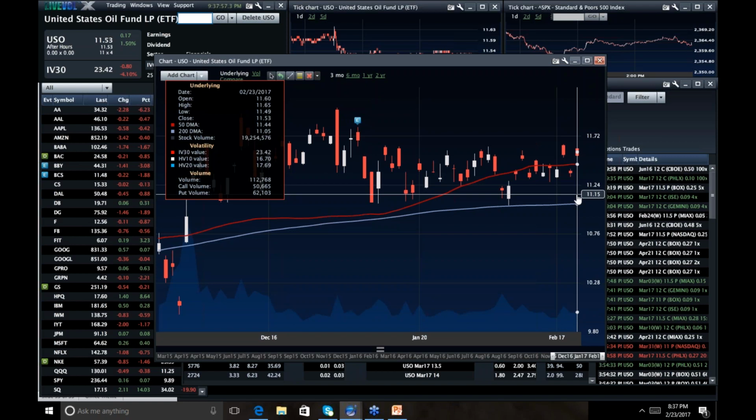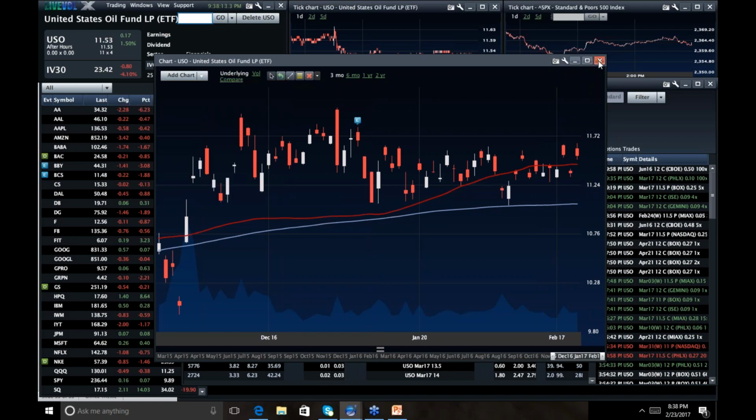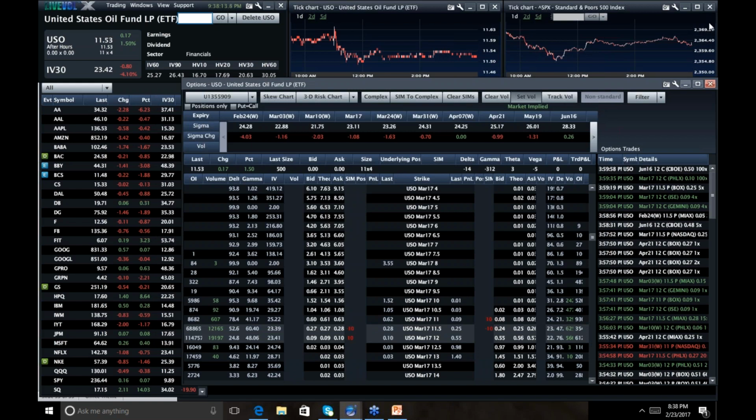No. It is legitimately not closed below 11.15 since January 10th. It's an interesting butterfly candidate and super liquid. So that would be one I would be very interested in trading.